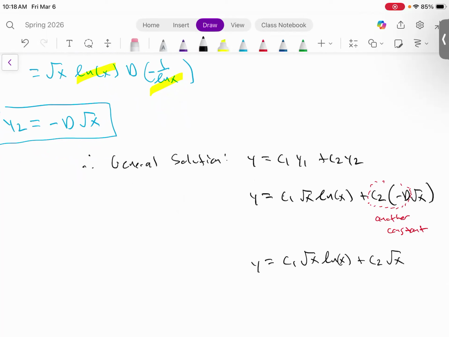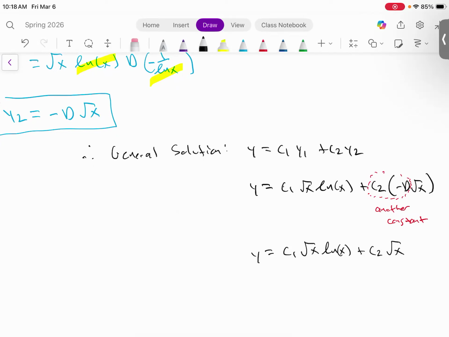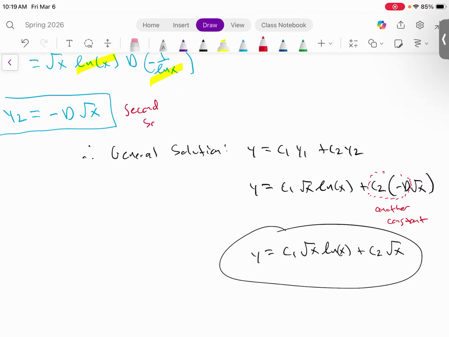We don't know what it is, so we could just combine those constants. But that is the answer. We got our second solution to this second order differential equation, and we're able to write up our general solution of linearly independent solutions.